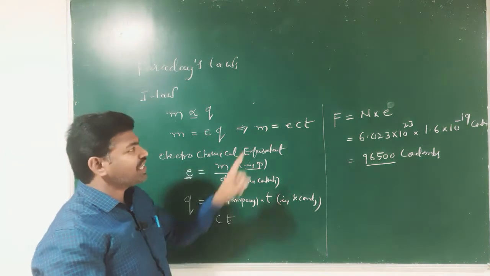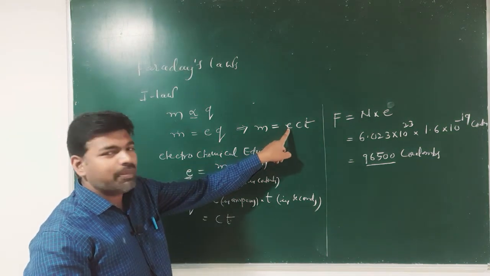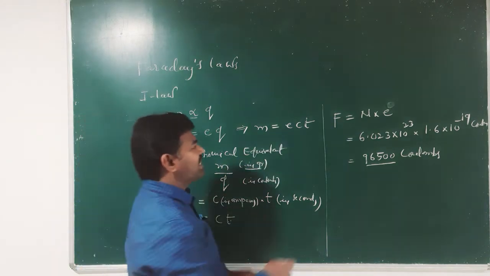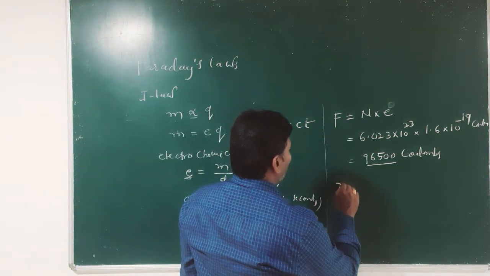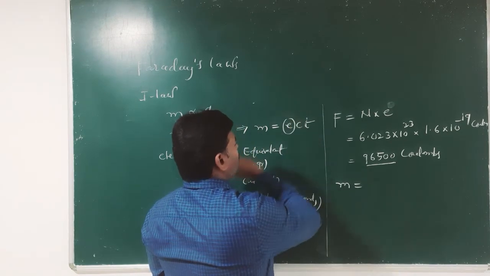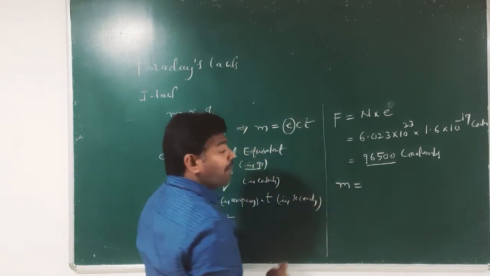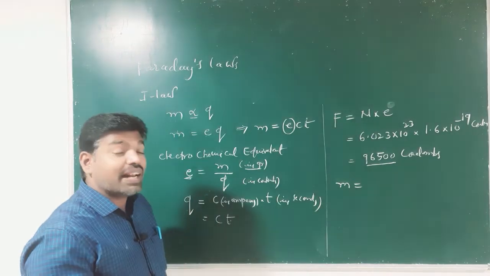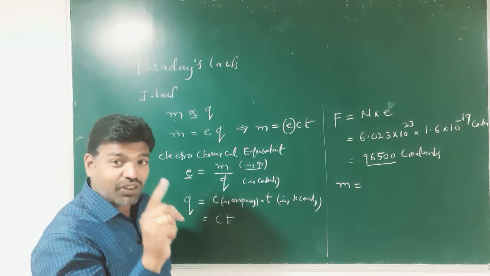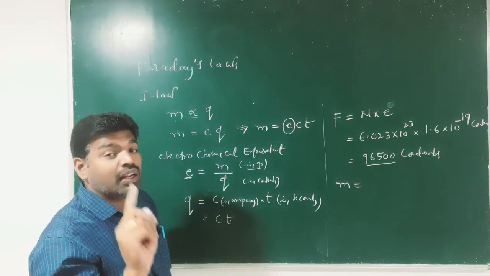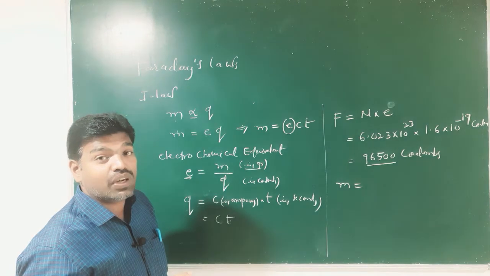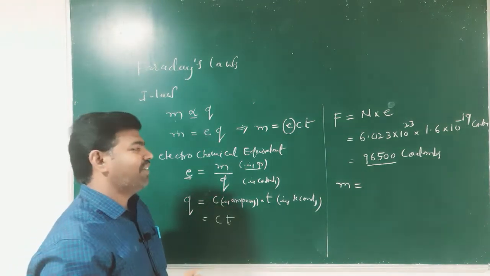So let us remove this electrochemical equivalent from this equation. That is, M is equal to, if we replace the electrochemical equivalent with the chemical equivalent, the amount of substance deposited at the electrode when we pass 96,500 coulombs during the electrolysis is called the chemical equivalent.